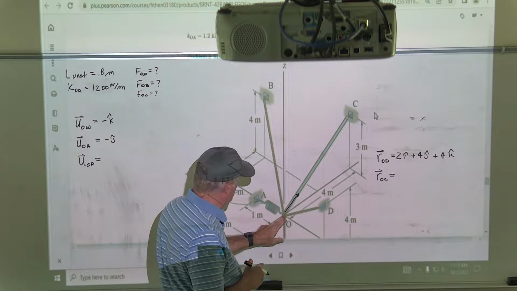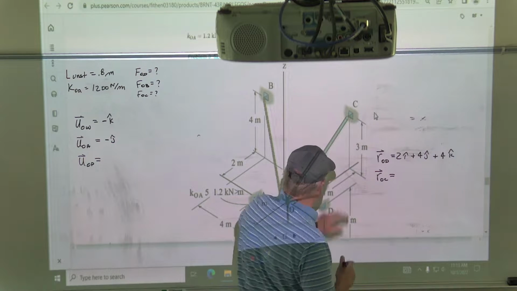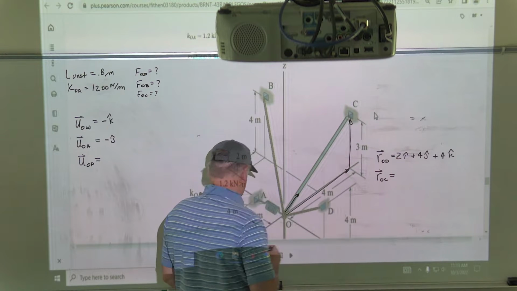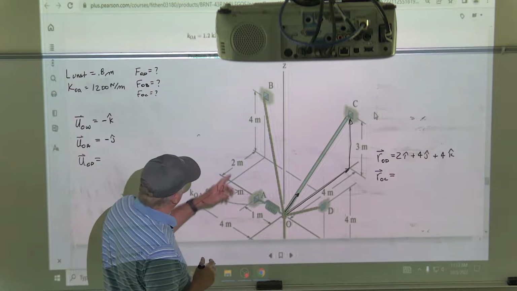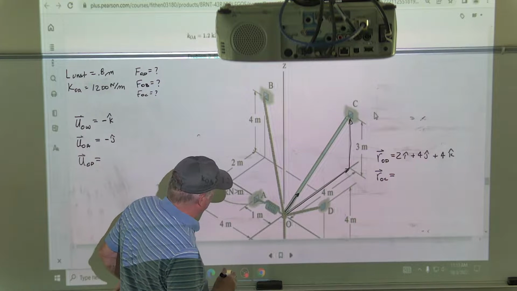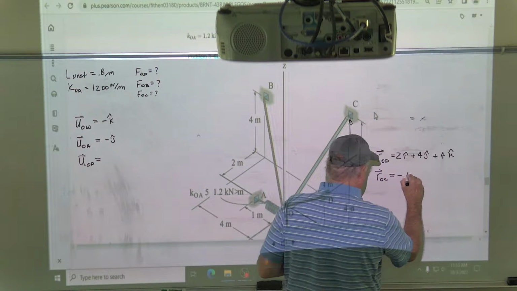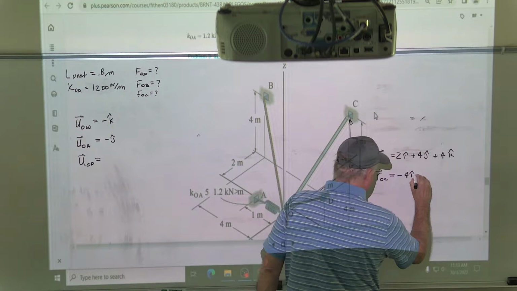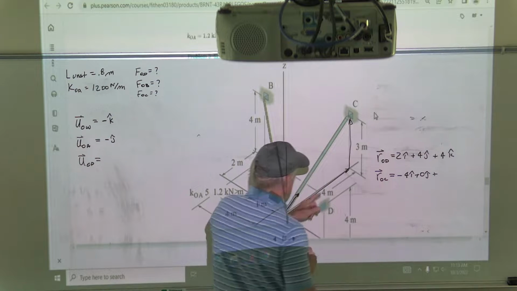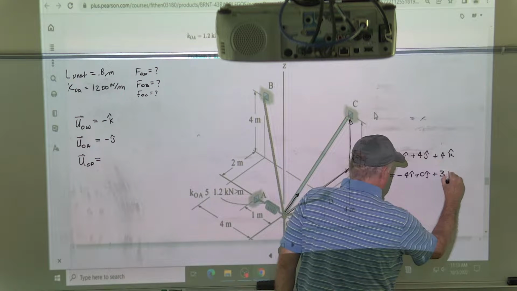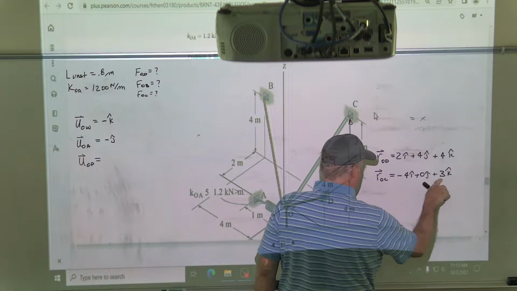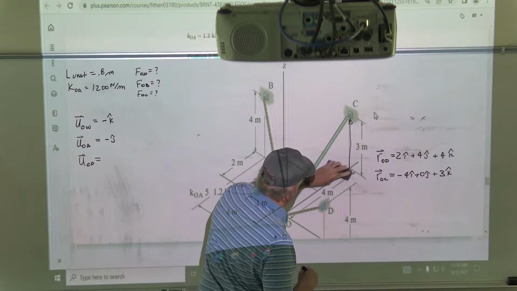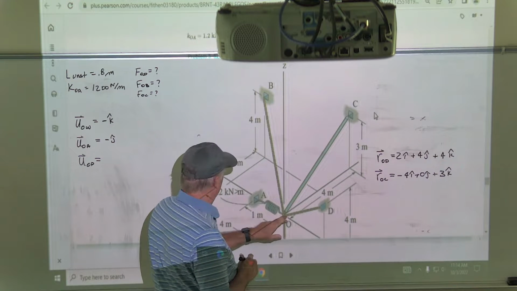So I'm going to draw a vector from here, seemingly straight up to there. So I think I go here and here, which that's Z, this has to be X. So minus 4i. There's no j, so I can do this. And then plus 3k. Okay, I know this one, and that's a 3, 4, 5. So now we go R, O to B.